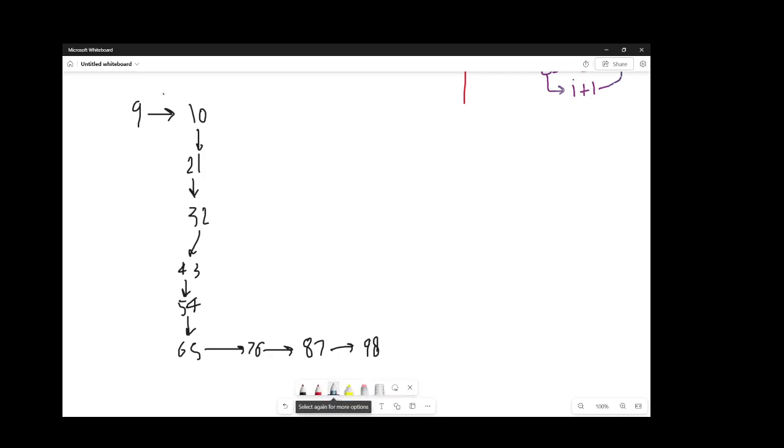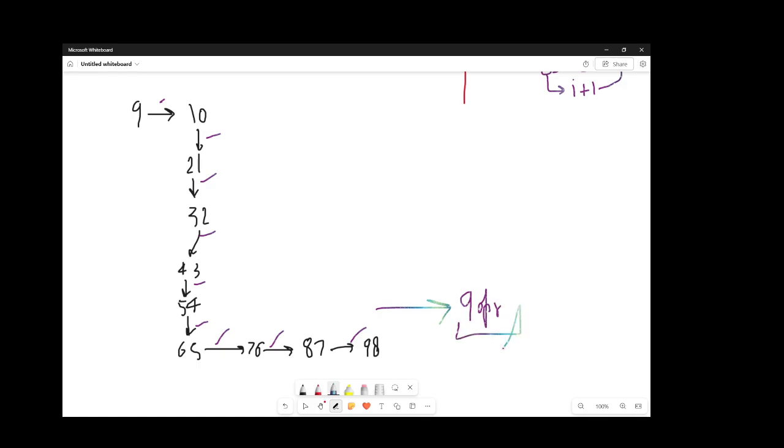If we count from here, how many operations have we applied till now? 1, 2, 3, 4, 5, 6, 7, 8, 9. So overall, how many operations applied? 9 operations.